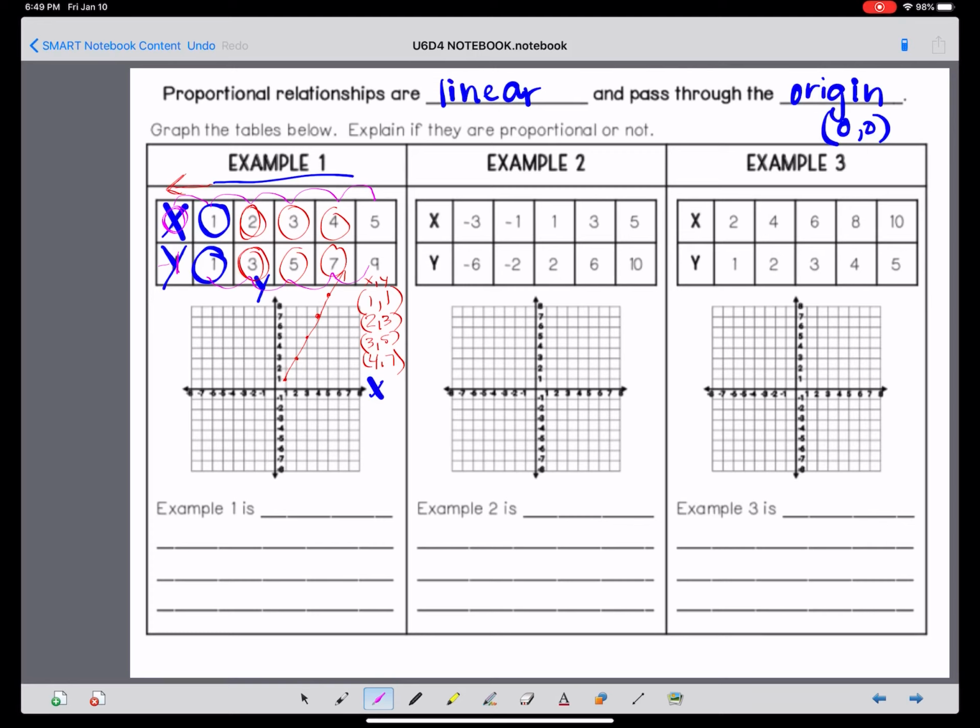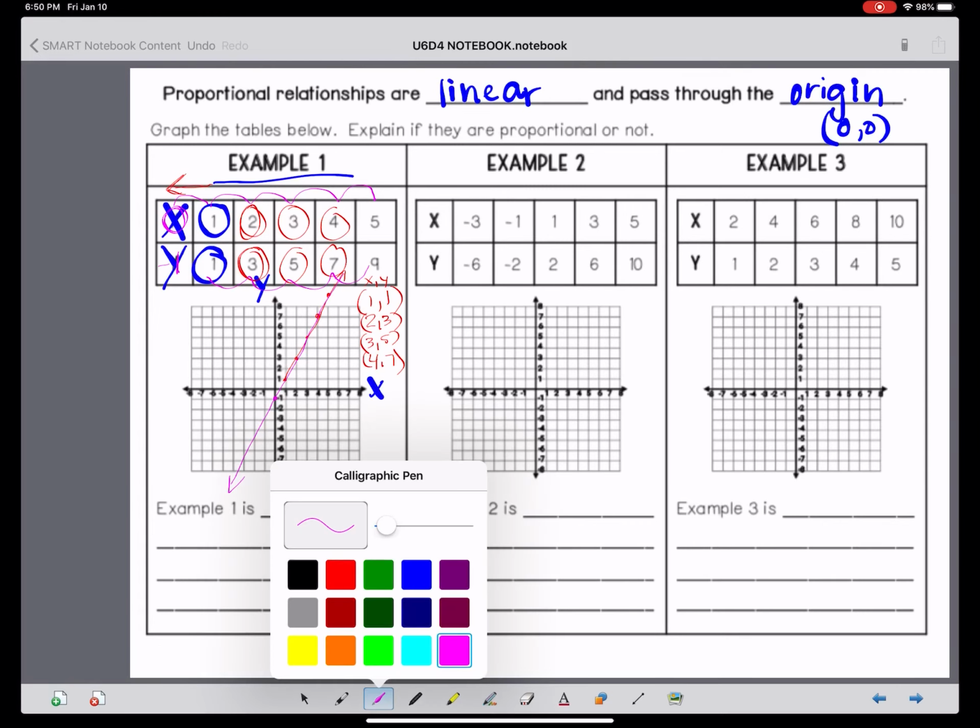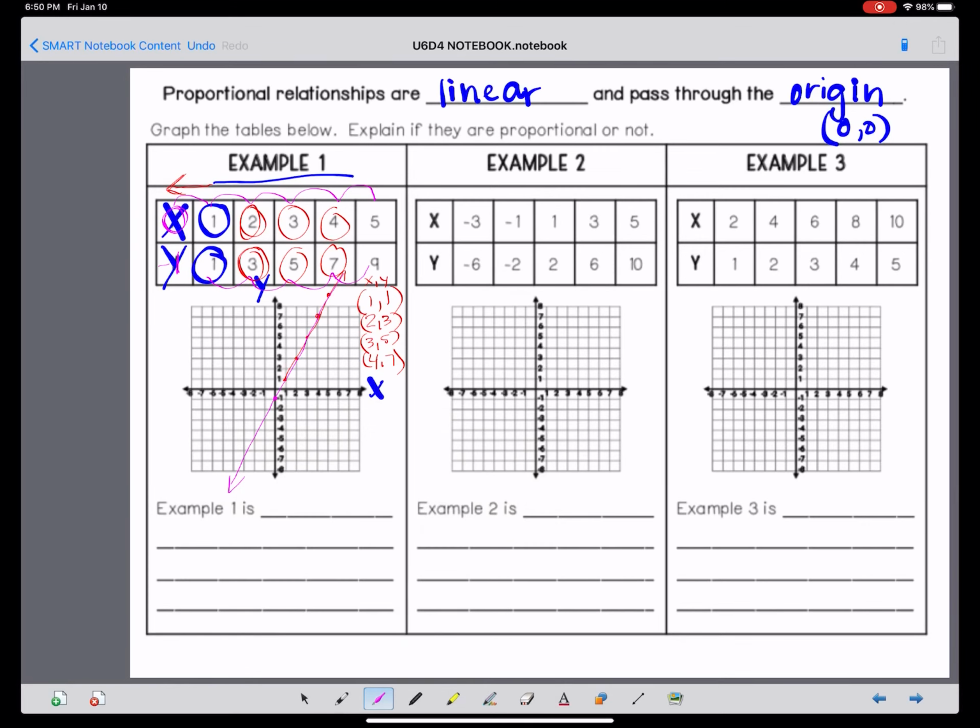If I were to plot the points 0, negative 1, oh, it looks like my graph is not going to pass through the origin, but instead it's just going to miss it. So let's go ahead and write, for example number 1, our answer is non-proportional. And the reason is because the graph does not pass through the origin.